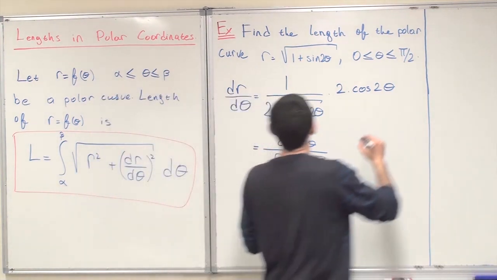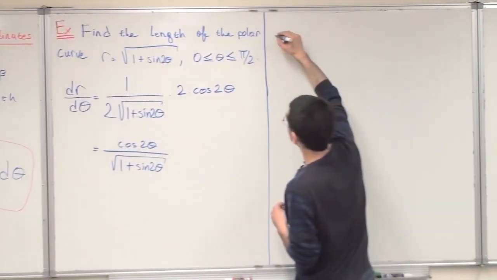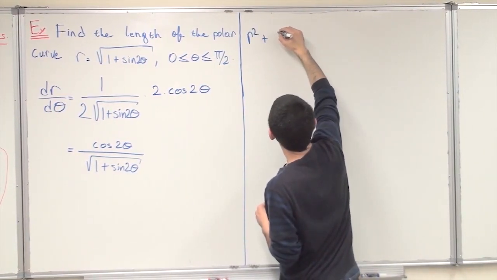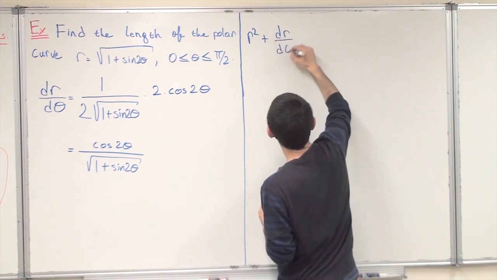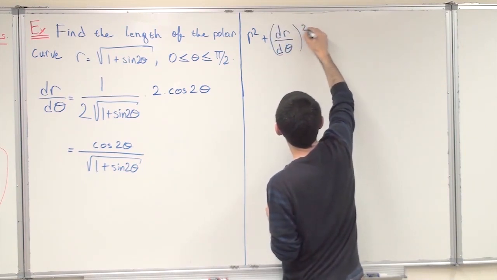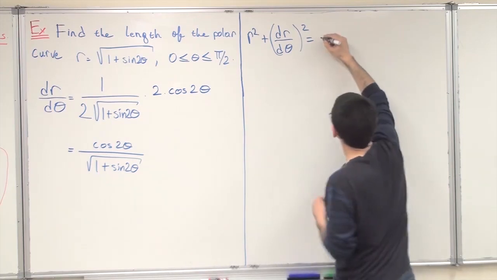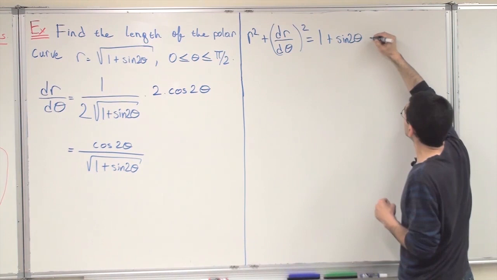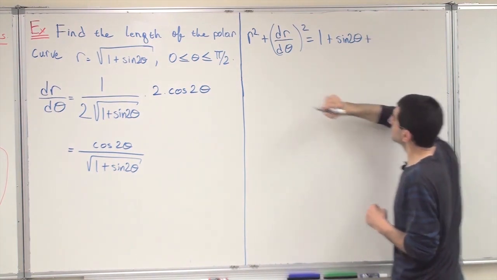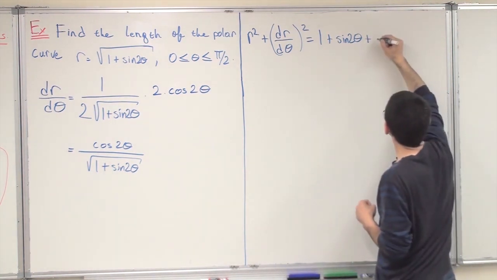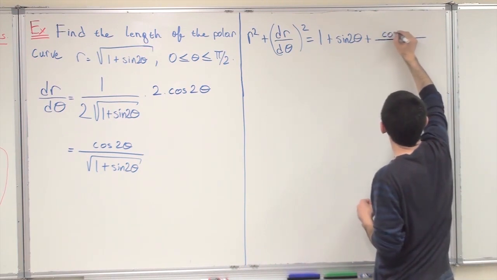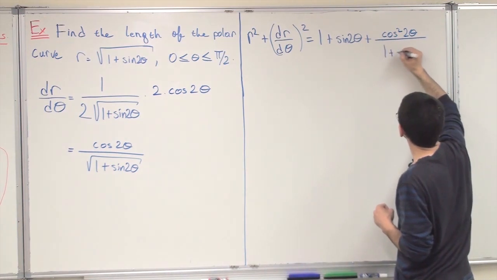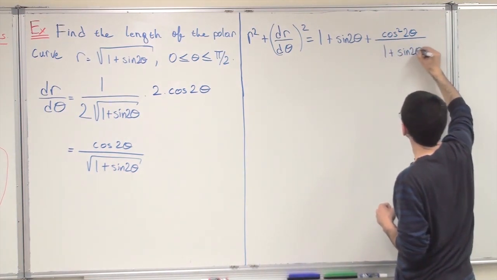Then we are going to calculate the quantity r squared plus dr over d theta squared. So r squared is 1 plus sine 2 theta, plus dr over d theta squared, which is cosine squared 2 theta over 1 plus sine 2 theta.